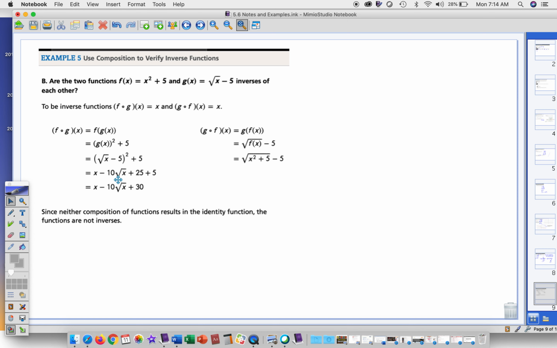When we square this binomial, remember we get 3 terms. These first 3 terms are the square of root x minus 5. We can combine the 25 and the 5 and we get 30, but since this does not equal x, that's it, you're done. There's no reason to go on to check g of f. So if you find f of g of x is not equal to x, then you automatically know that they are not inverses.